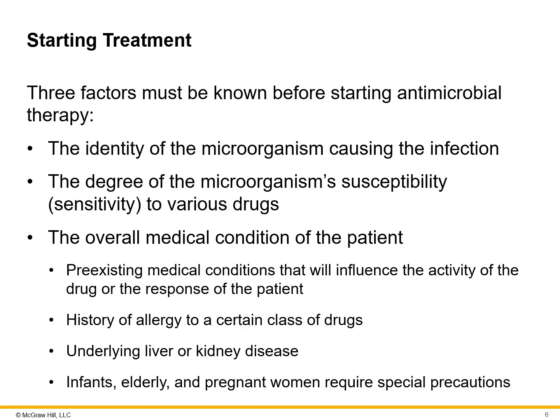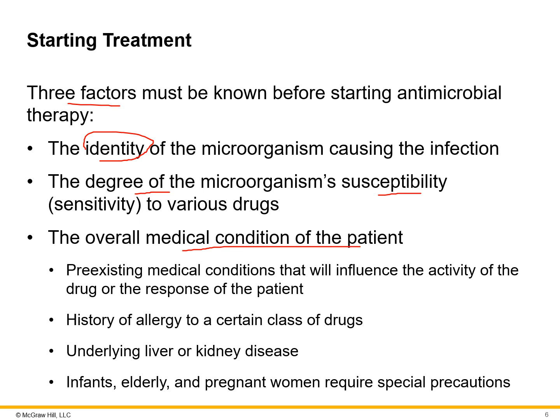Now, starting the treatment, there are three main things that need to be known before we start. First of all, identifying the organism causing the infection. So that's where knowing, again, is it gram-positive? Does it have flagella? So identifying what the microorganism is. And then determining the degree that microorganism is susceptible to the drugs, and then the overall medical condition of the patient.